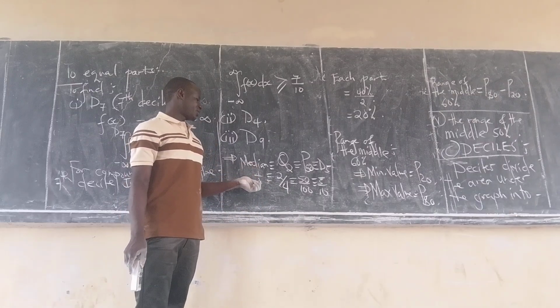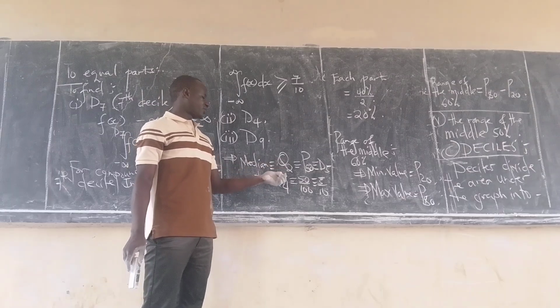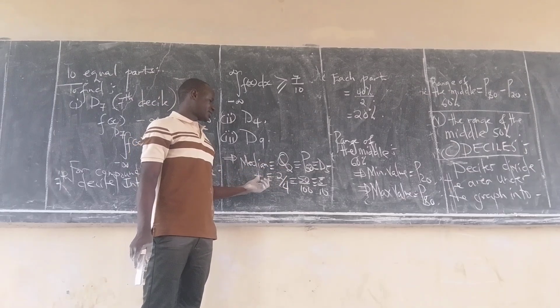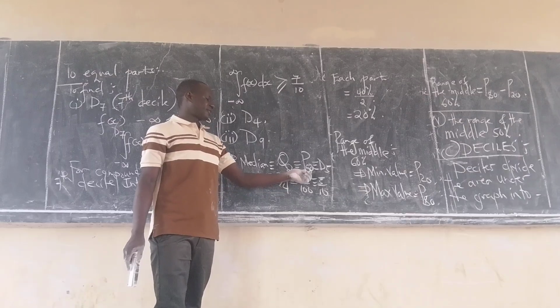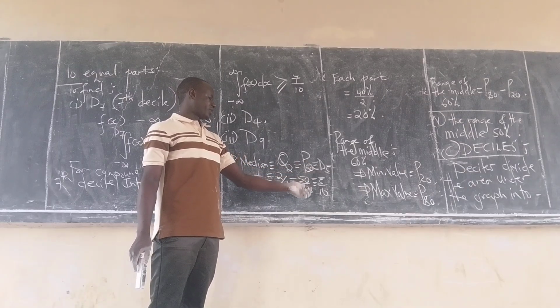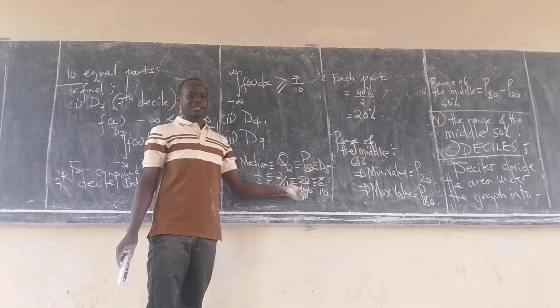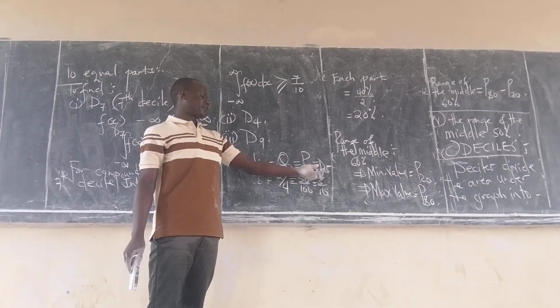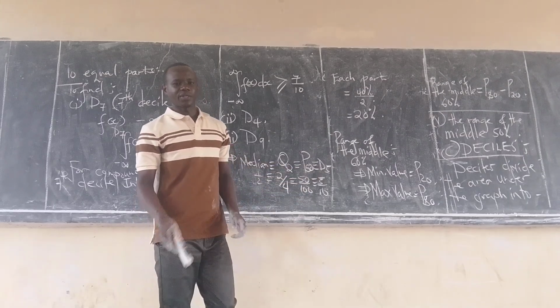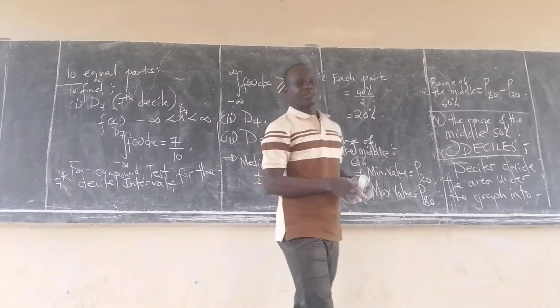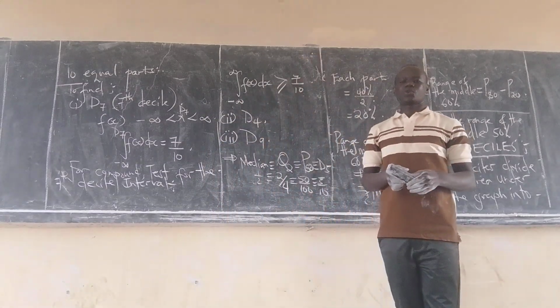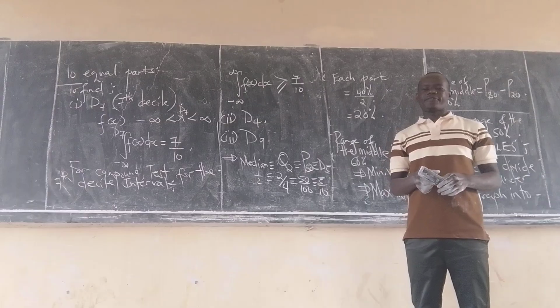If it is median, we equate to a half. If it is second quartile, we equate to 2/4, which is the same as a half. If it is the 50th percentile, we equate to 50/100, which is a half. And if it is the 5th decile, we equate to 5/10, which is also a half.